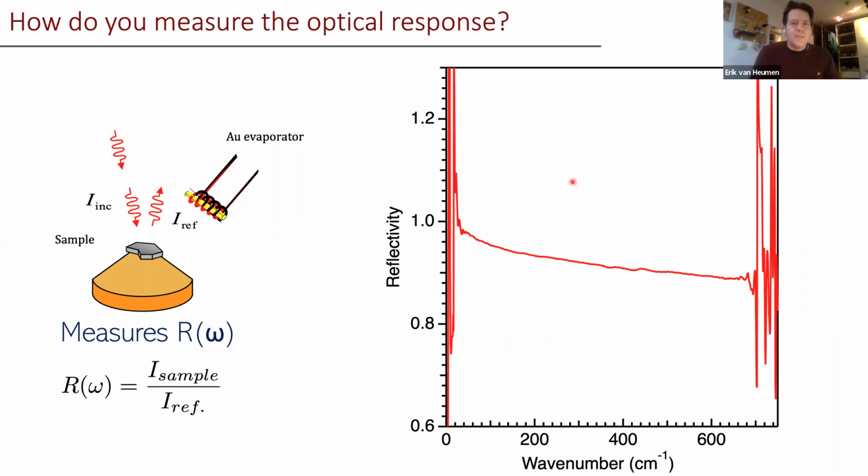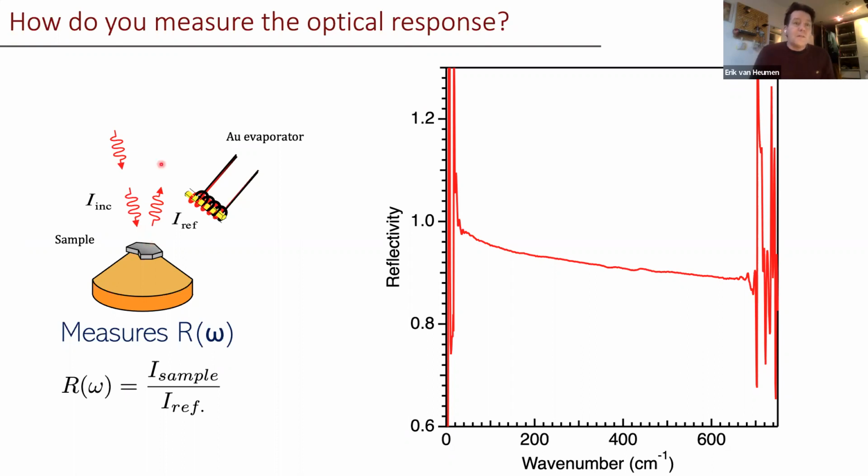The optical conductivity is not something you can easily measure directly. There are actually two experiments; you can also do ellipsometry, but I won't discuss that. In my group, you basically shine light on your material and measure the reflected intensity.